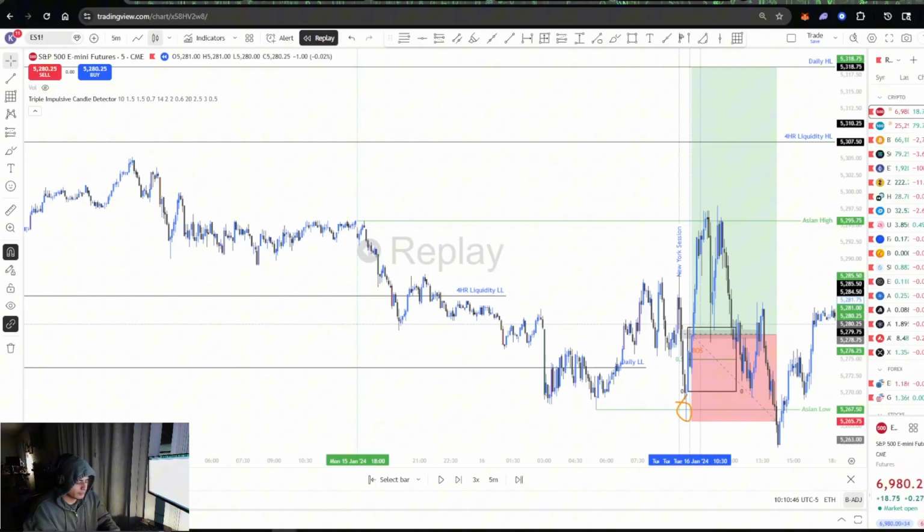I did notice that during Asian session, the daily and 4-hour lows were taken care of.